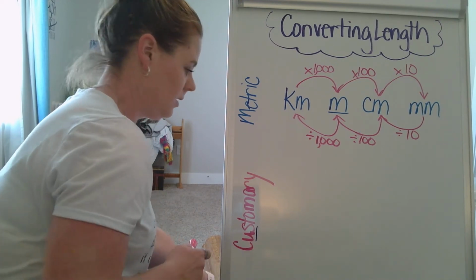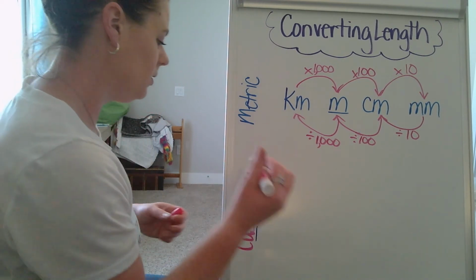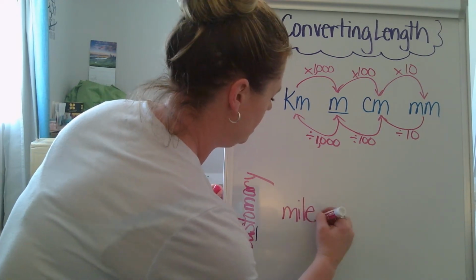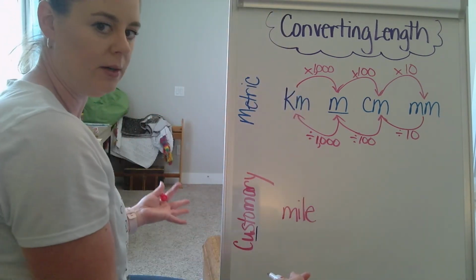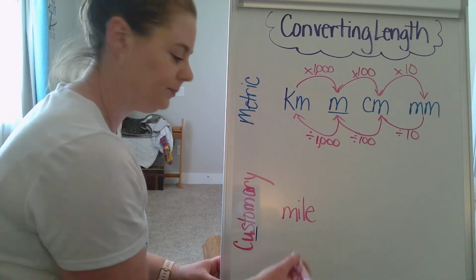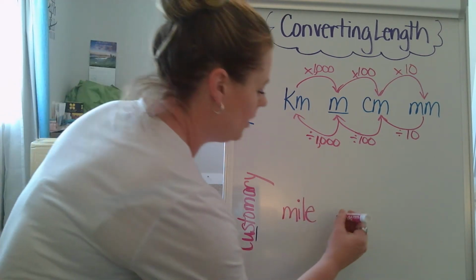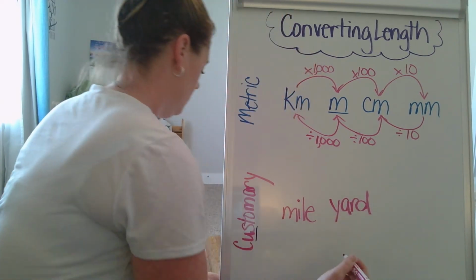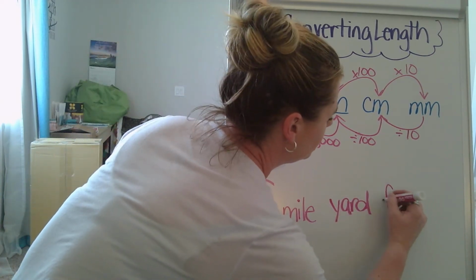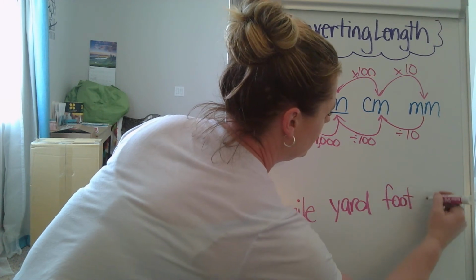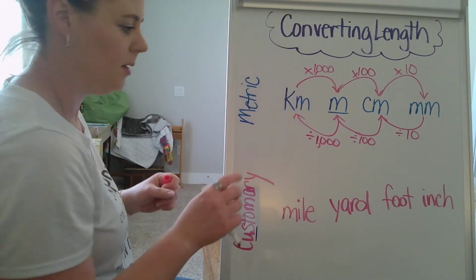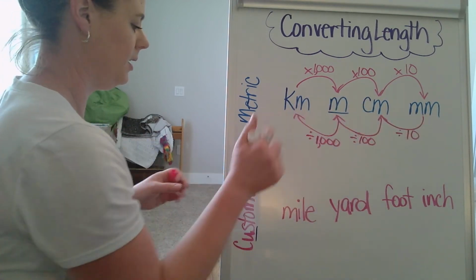Okay, so let's go down to our customary. So let's start with our mile. Mile is close to a kilometer. Mile. Yard. Foot. Inch. Okay? Mile, yard, foot, inch.